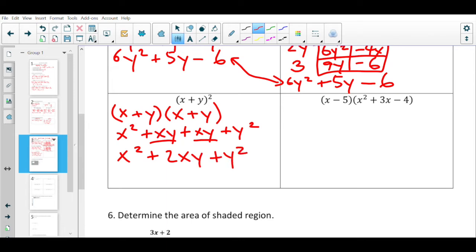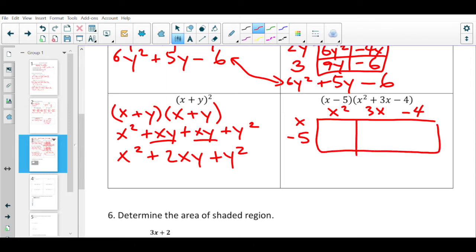Okay, this last one, it's not a FOIL method, but we have a binomial and a trinomial. What you can do is set up a box. I think it's a bit easier to keep track of here. Alright, x cubed, 3x squared, and that's minus 4x.